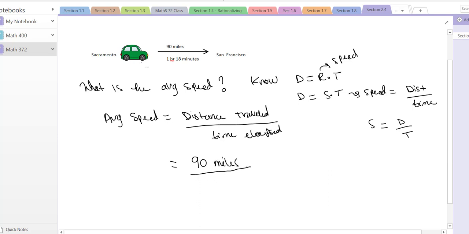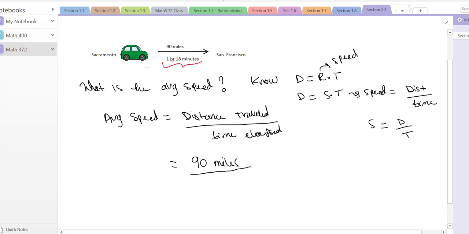And what is the time elapsed? Notice that the time elapsed, we're told, is 1 hour and 18 minutes. But I can't put miles per, what is it going to be, per hour or miles per minute? So I need to be able to write 1 hour and 18 minutes in either just hours or just minutes.